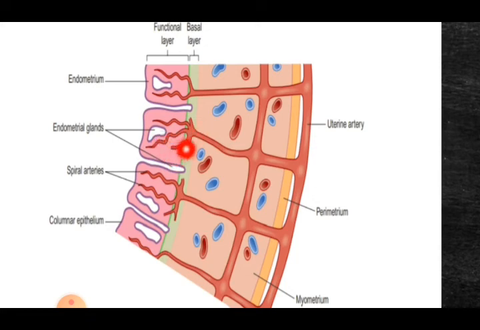Up to the myometrium we have the radial arteries that supply, and after that the radial arteries further divide into the spiral arteries, and these spiral arteries will supply the endometrium.